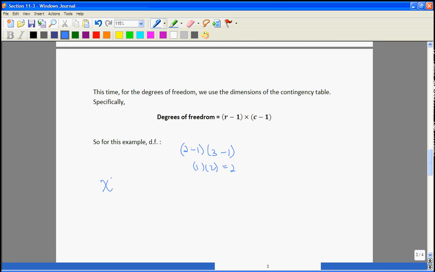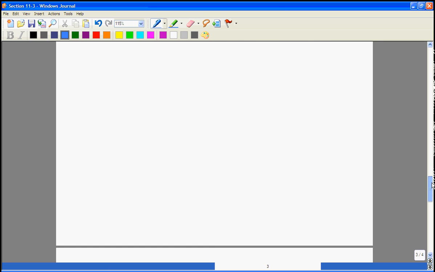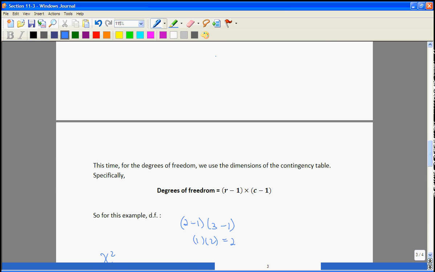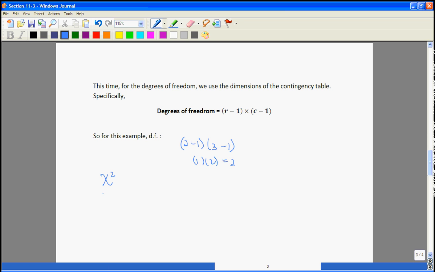So for my chi-square statistic, let's use alpha equal to 0.05. So looking up on our table with 2 degrees of freedom and 0.05, chi-squared with 0.05 for alpha and 2 degrees of freedom, I end up getting 5.991.